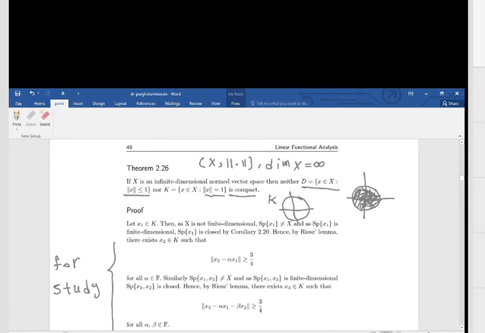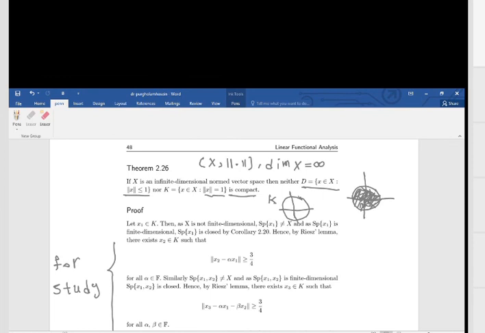The theorem says that neither D nor K is compact. So none of D and K is compact.